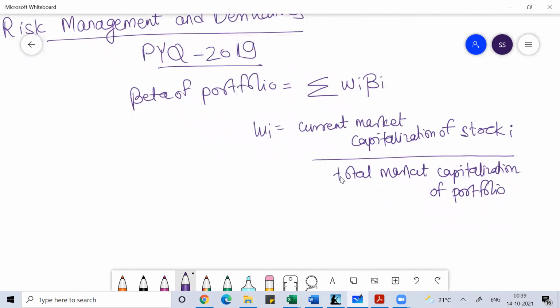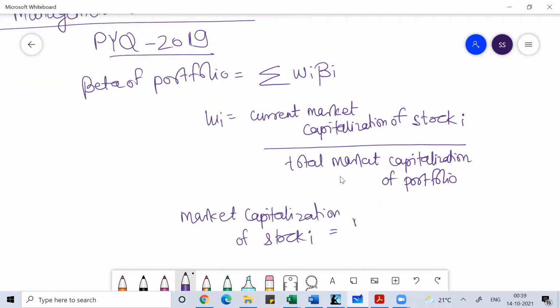Now, talking about market capitalization, how will I find it? The market capitalization of any stock is equal to the market price of the stock into the number of shares outstanding.